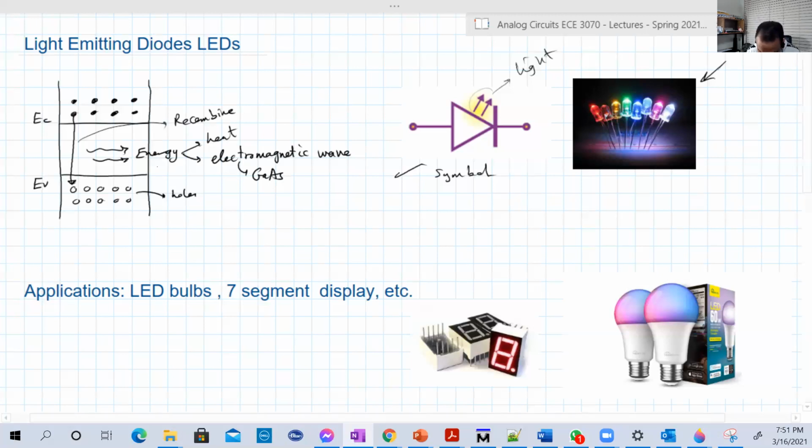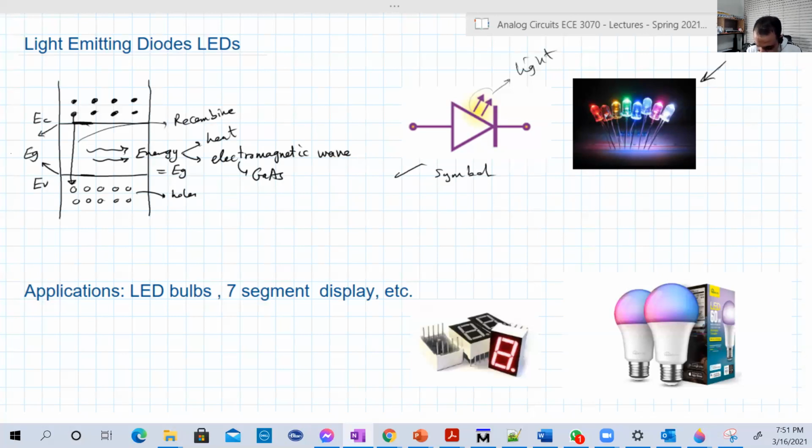Because this energy is equal to the difference between EC and EV, basically EG. We said that this energy gap has a certain energy. So the energy that the electron emits when it recombines with the hole is equal to EG.